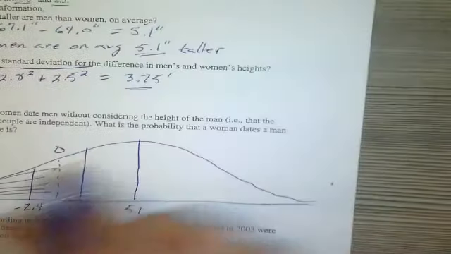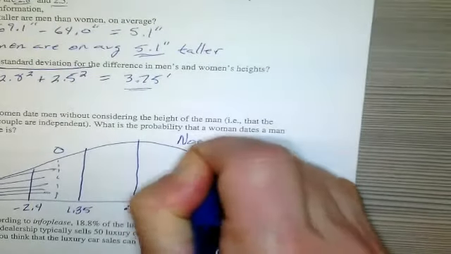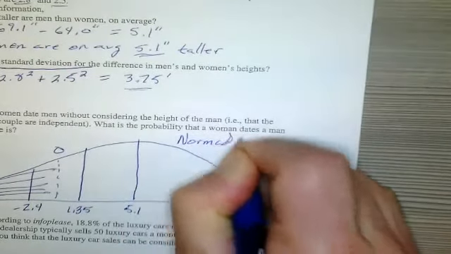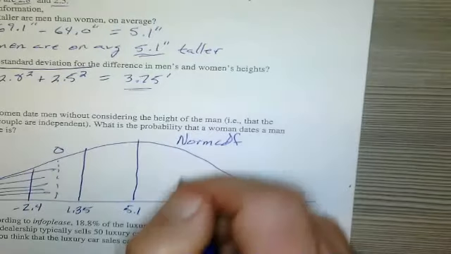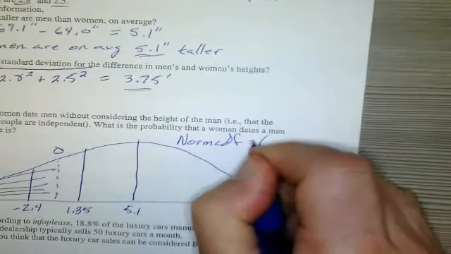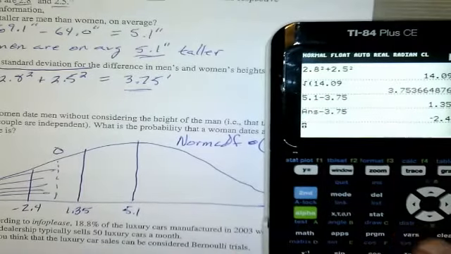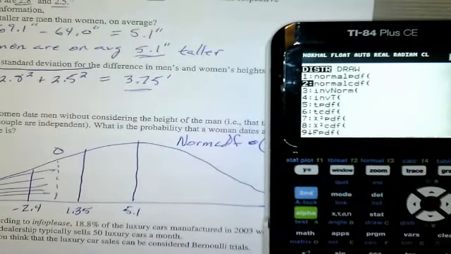So it's a normal model. So I'm going to say normal CDF. Whoops, I didn't mean to put an equal sign there. So second distribution, normal CDF.